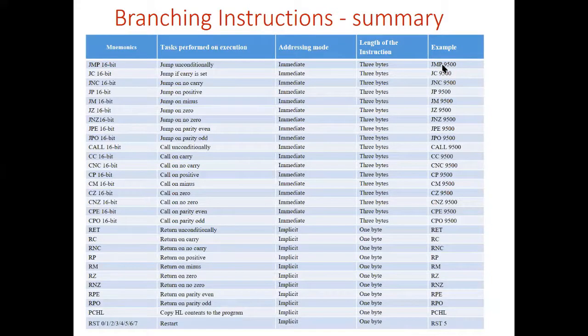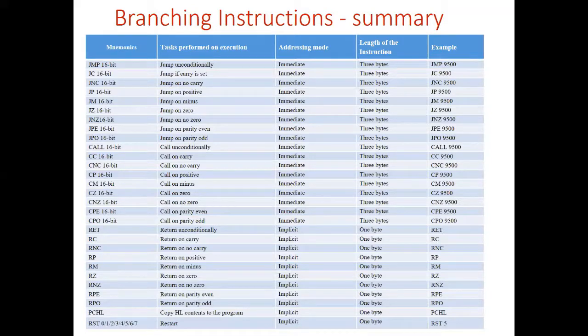Now what about the conditional jump instruction? Conditional jump instruction will be based on the flag status, like carry flag, parity flag, zero flag condition. So based on the flag condition, you can apply the jump instruction.